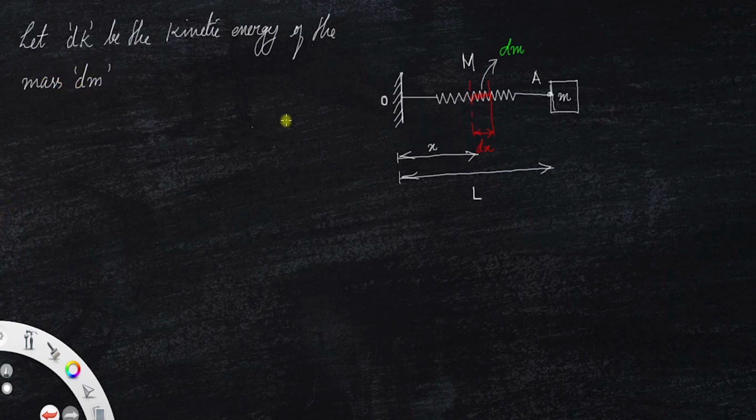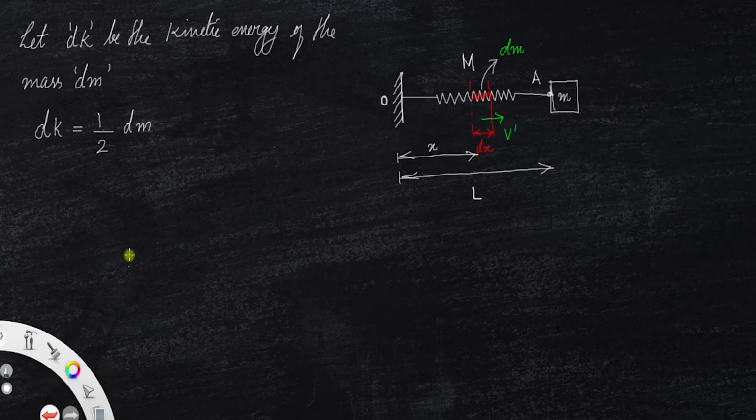Okay. Now we know the expression for kinetic energy is equal to half mv squared. Here m is the small mass dm. Let's take the velocity of this mass to be some v dash.